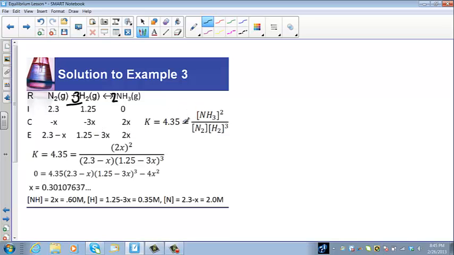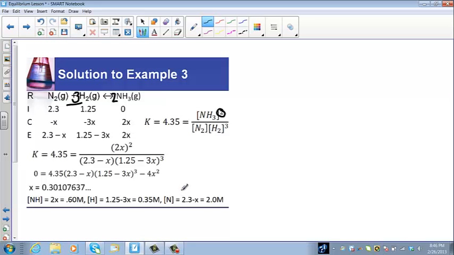Our equation is K is equal to 4.35. We have the NH3 product squared over the concentration of N2 times the concentration of H2 cubed. Substituting in our values, K equals 4.35 equals 2x squared, because of that, over 2.3 minus x times 1.25 minus 3x cubed.